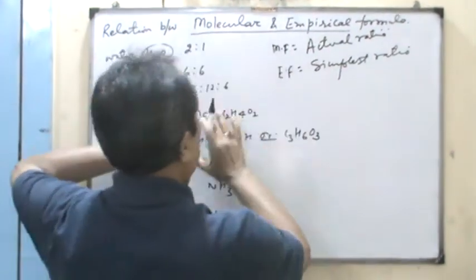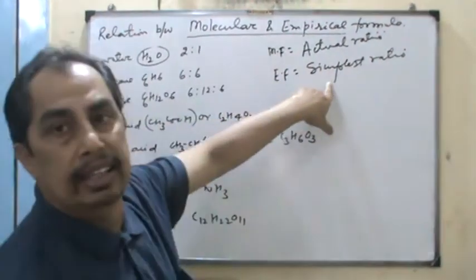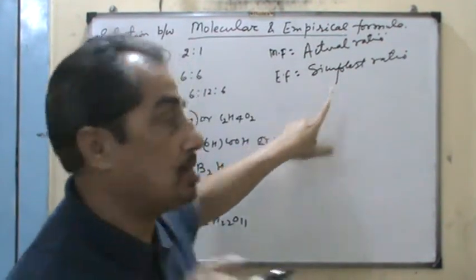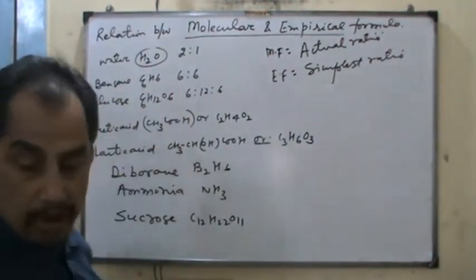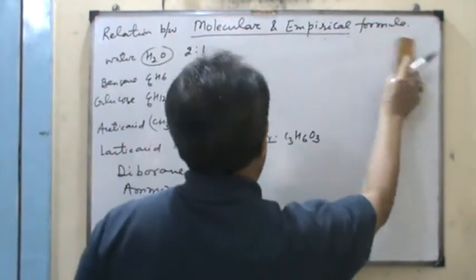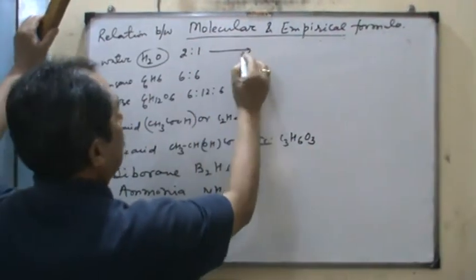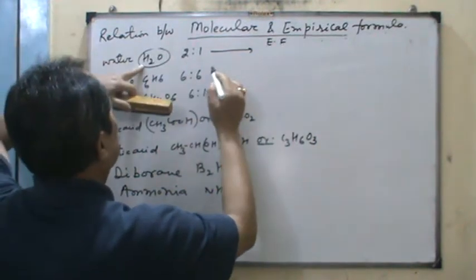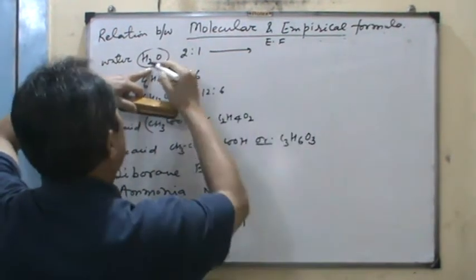So these are the molecular formulas. If I want to express in the form of the simplest ratio, simpler and simplest. For example, what is the simplest ratio of, you can say, water? So now I write here empirical formula. Oxygen is already 1 and hydrogen is 2.